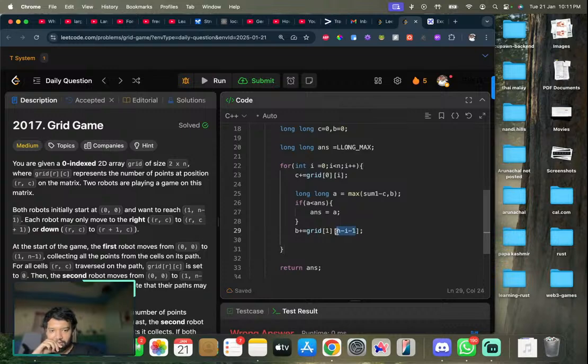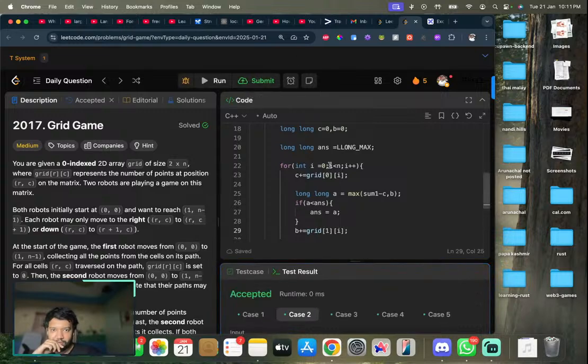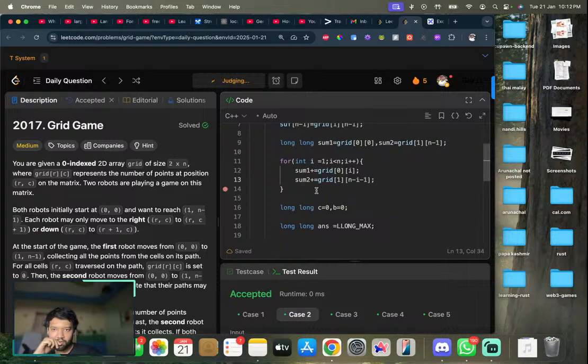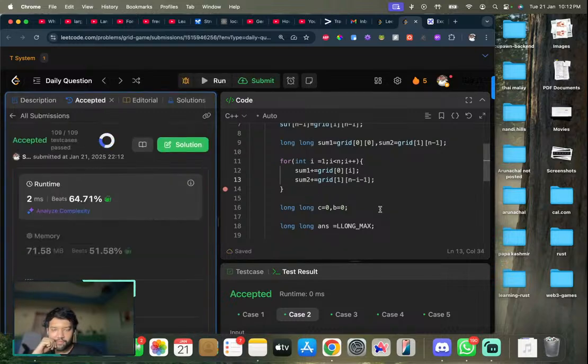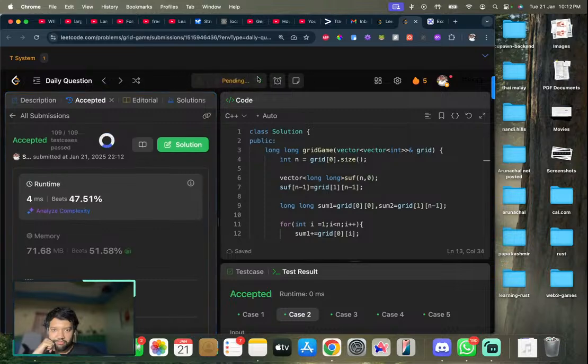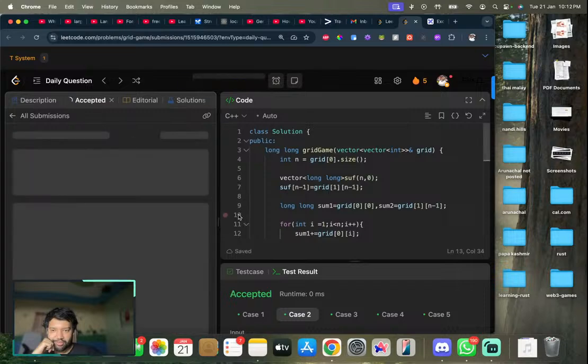Okay, so this should be I. Yep. So that's how I can remove this also. So yeah, did not increase anything once I got 100.